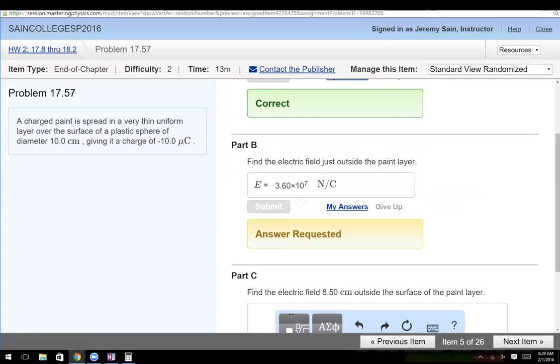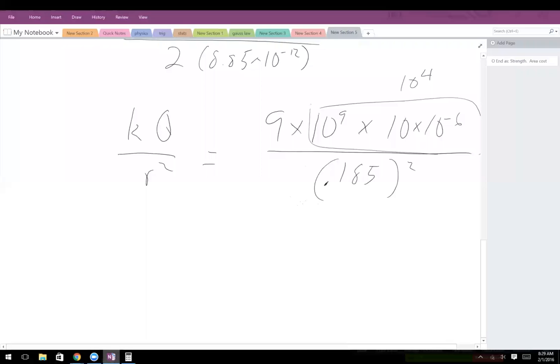Because whenever I did it the second way, I got 10 to the negative fifth, or 10 to the sixth. So anyway, divide that by, okay, so this is, why is it deleting everything as soon as I write?